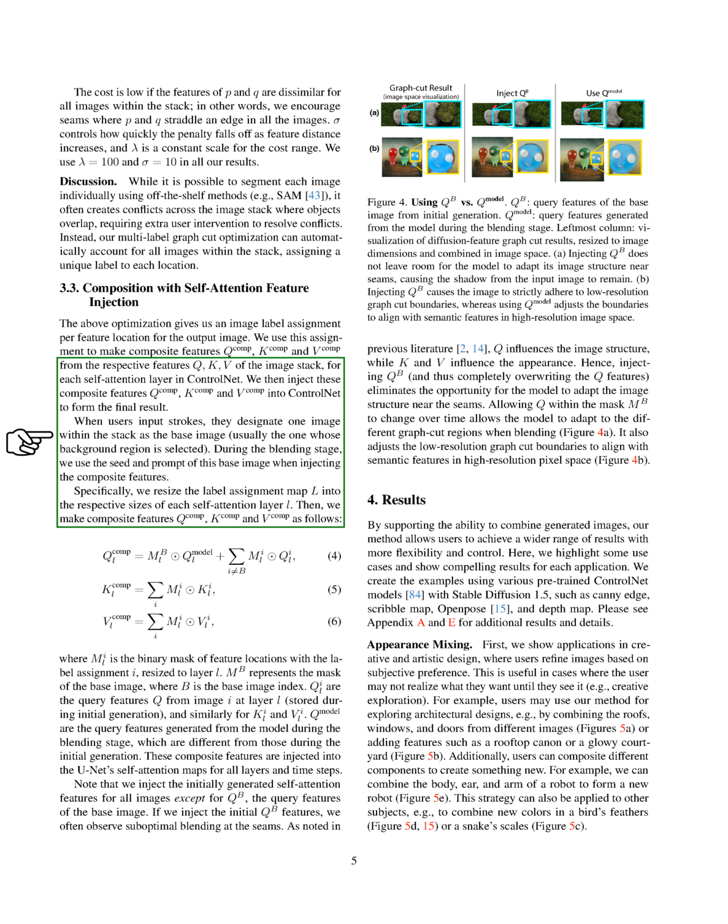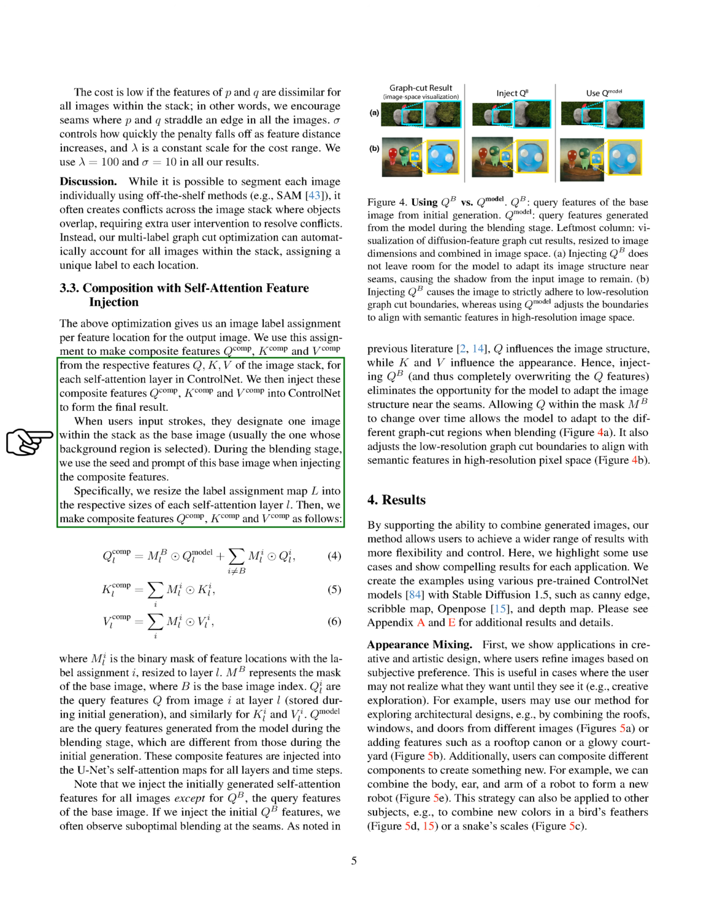Specifically, we resize the label assignment map $L$ into the respective sizes of each self-attention layer $l$. Then, we make composite features $Q_{comp}$, $K_{comp}$, and $V_{comp}$ as follows.